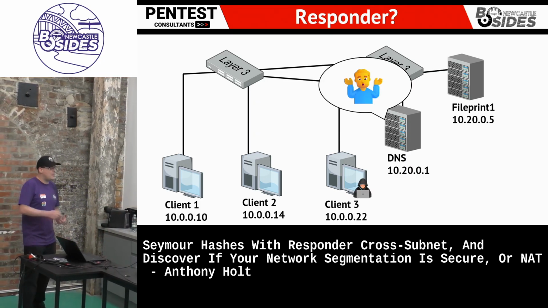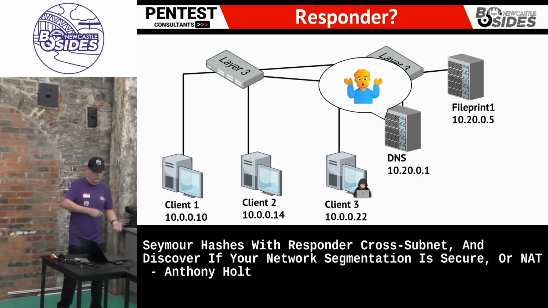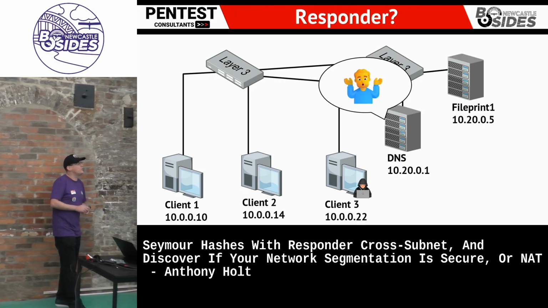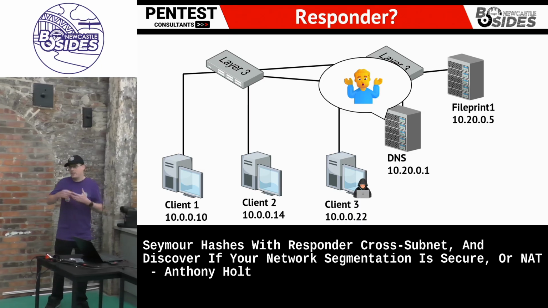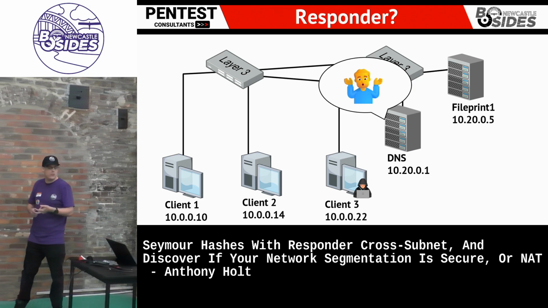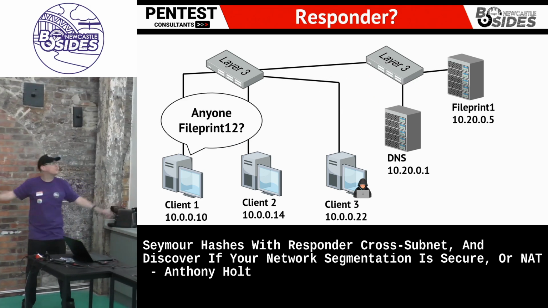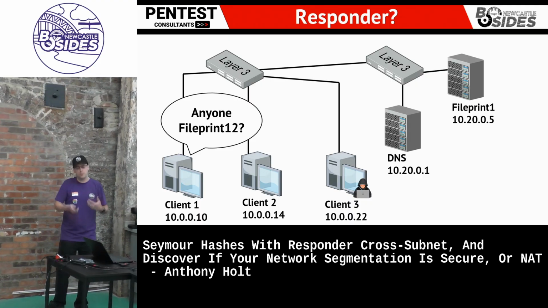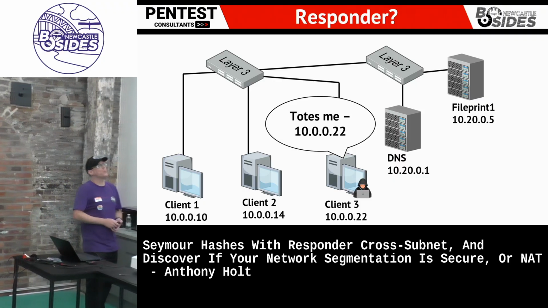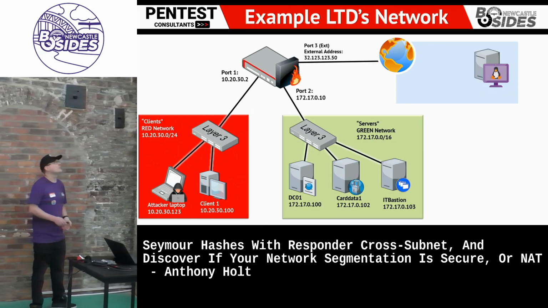So what happens normally on most networks, if you haven't secured or hardened your network, is your machine will fall back to broadcast name resolution protocols, things like NetBIOS name resolution and Link-Local Multicast Name Resolution. Effectively it shouts in the network, is anyone FilePrint12? Now what Responder does is it replies to these messages and says, yeah, that's me. I'm totally FilePrint12. Please send me your credentials. And effectively, that's what Responder does.